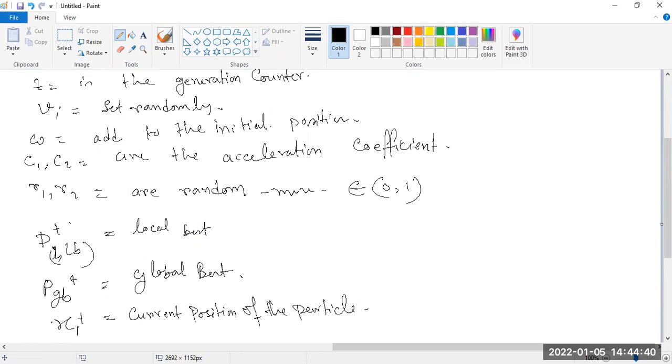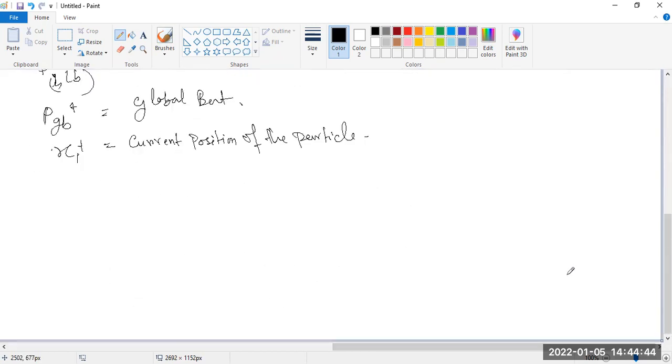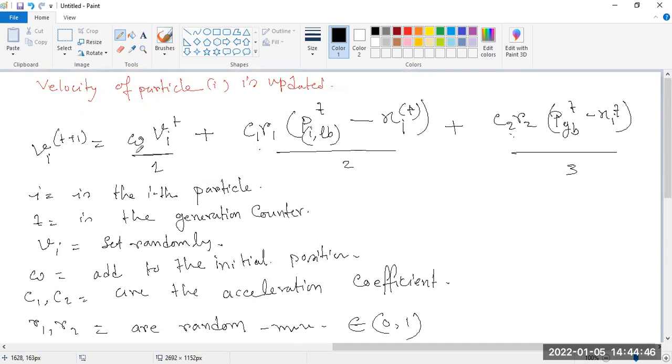So one by one, if we go for the discussion, you know that there are three parts. The first part is omega VIT, and the second part is C1 R1 (local best minus XIT), and the third part is C2 R2 (global best minus XIT).